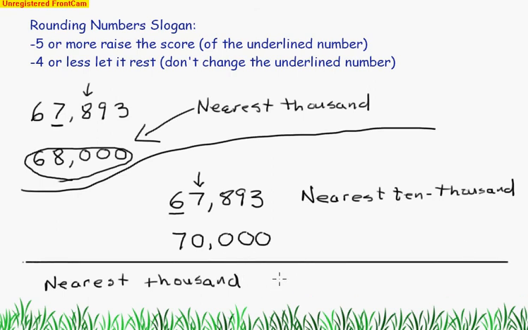How about 21,499? And how about 35,501? Keep on rounding. Enjoy your evening.